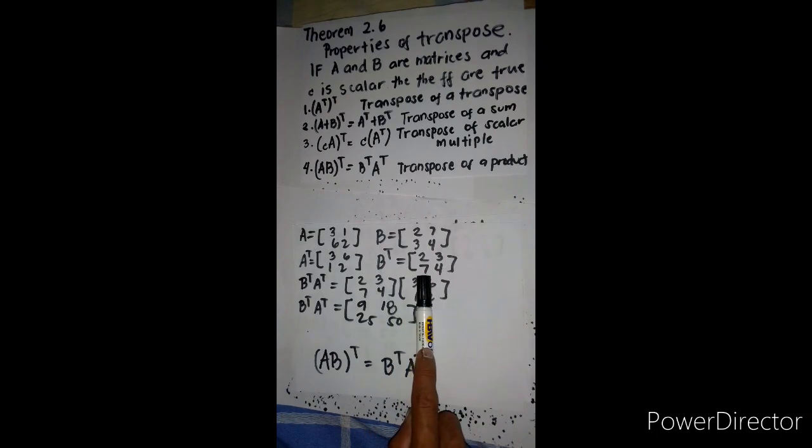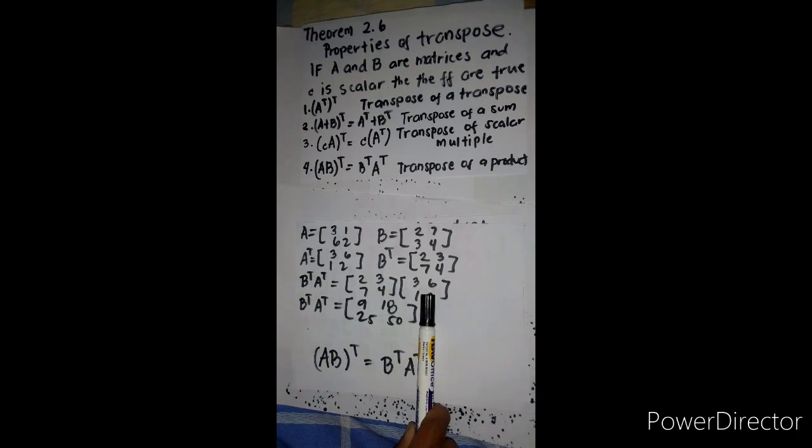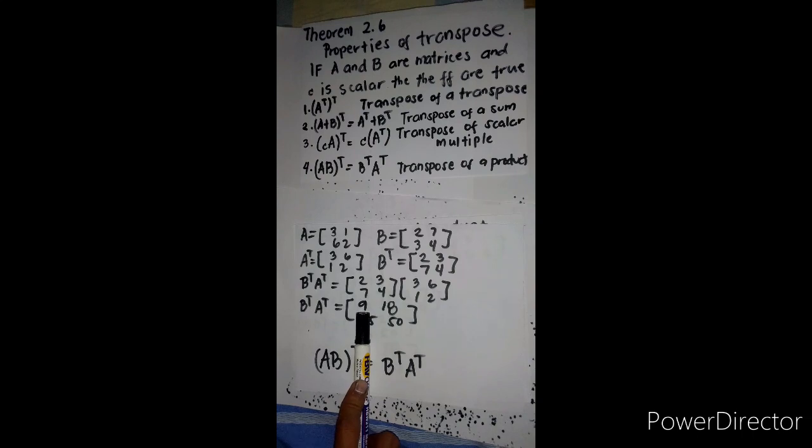And 2, 3, and 7, 4 for B transpose. So we need to multiply these two matrices, B transpose and A transpose. By multiplying these two matrices, we have a value of 9, 18, 25, and 50.